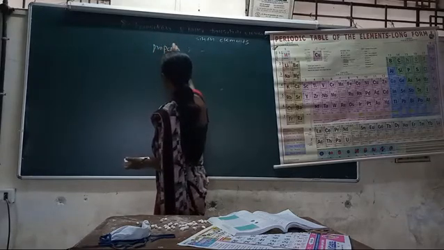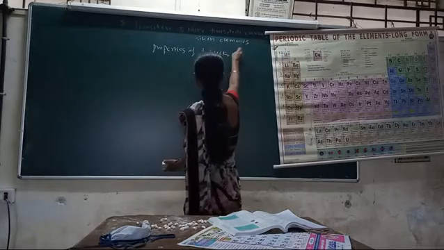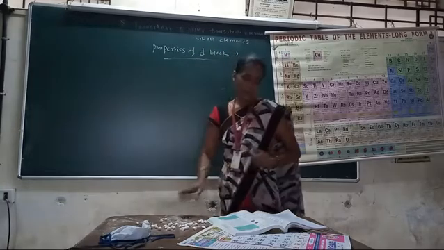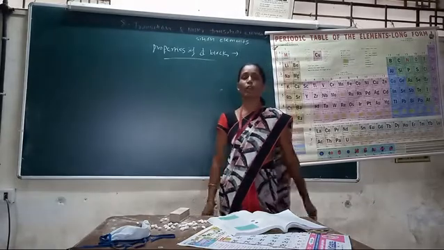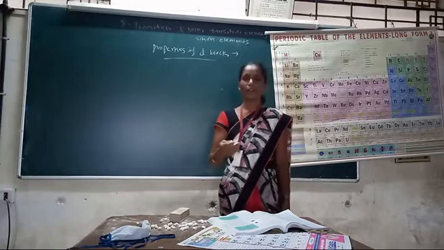Properties of d block elements. First property: all d block elements have a shiny nature, means lustrous and shining.